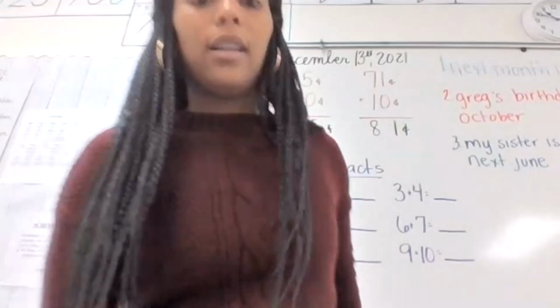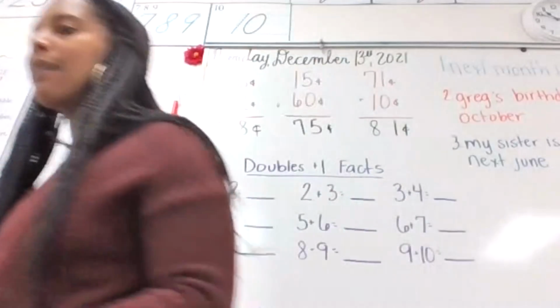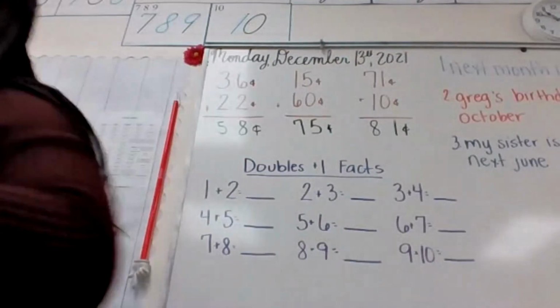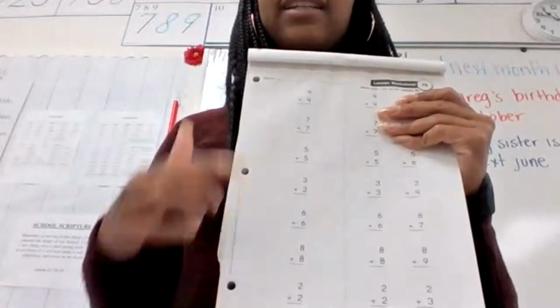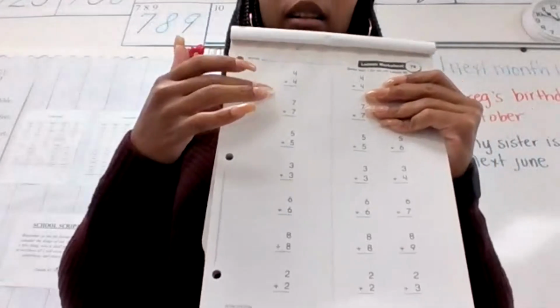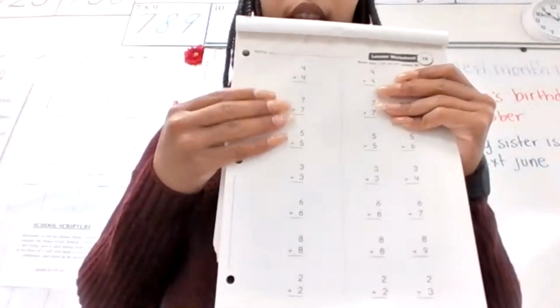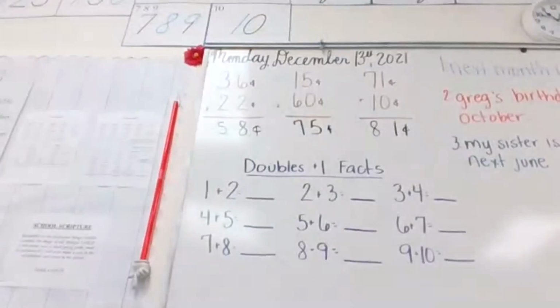All right. Okay. So if we look at this side of our page, we'll start with our doubles facts first. So these are review. We should already know the answers to these. So let's go ahead and answer. We have 4 plus 4.